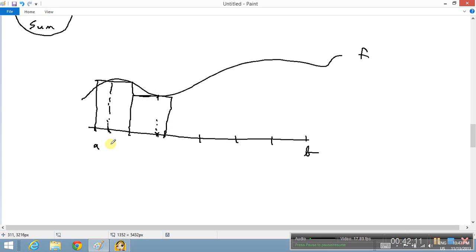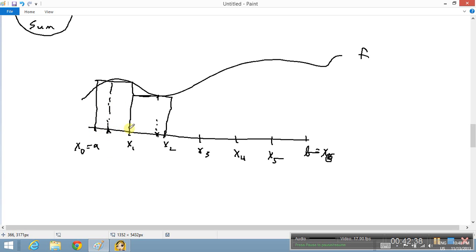Now, if you're going to do this, let's say you label these numbers again, x0, x1, x2, x3, x4, x5 and x6. So there are 6 subintervals, 7 points, but the names of the numbers that I'm going to plug in are going to look really ugly, but it's a bookkeeping device.